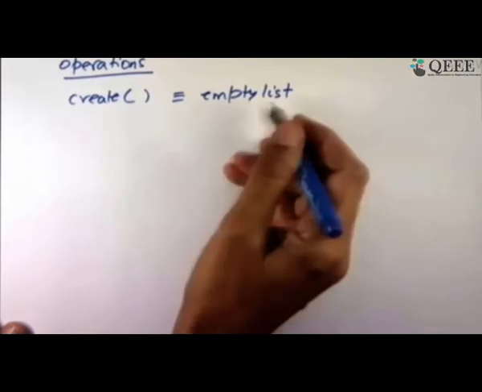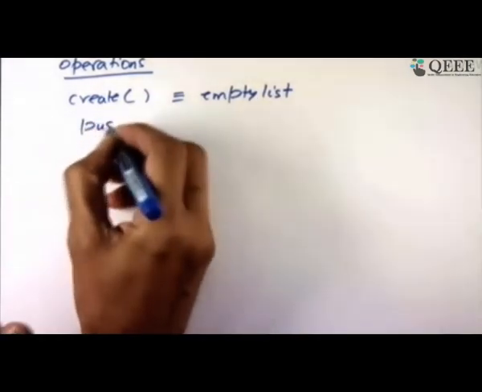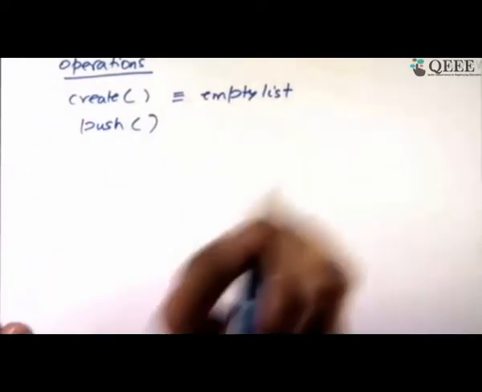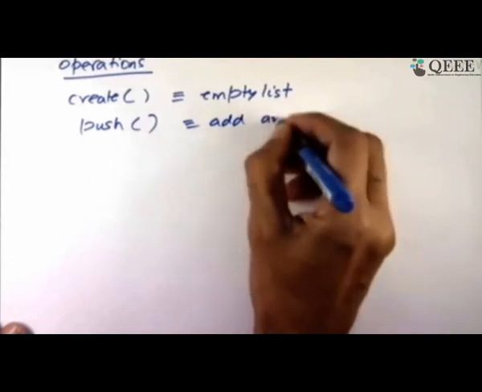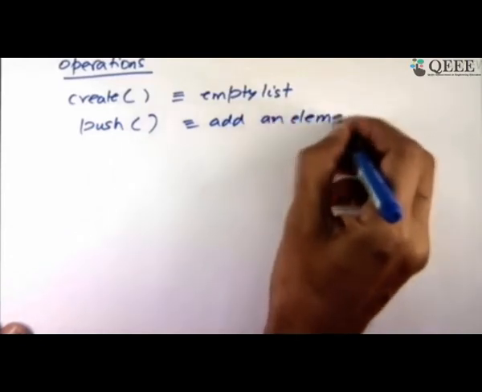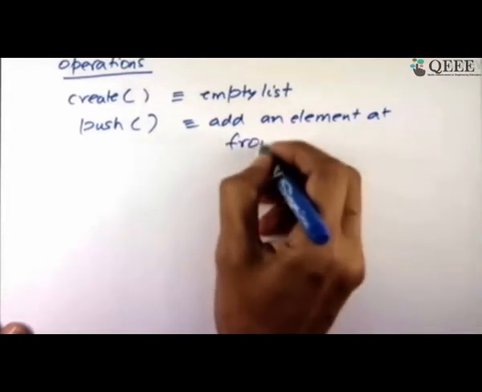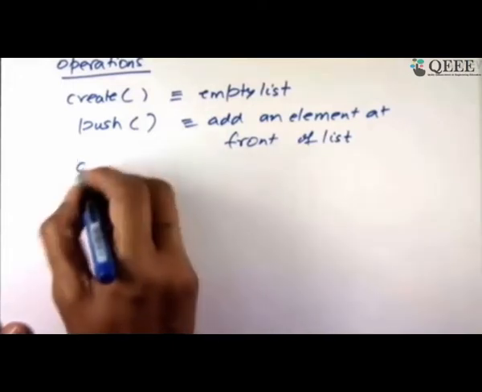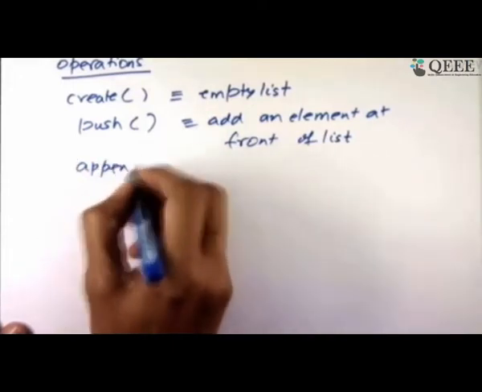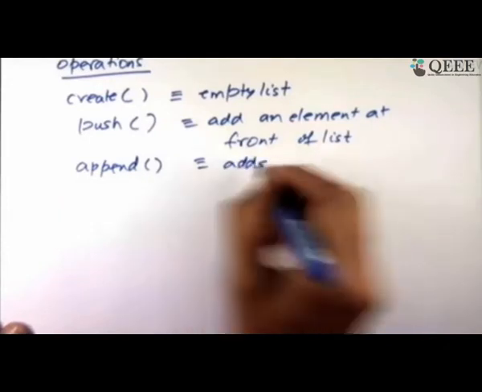Once I've created an empty list, I want it to grow. So I've given you several operations there. One is called push. The push will add an element at the top of the list, the front of the list, the head of the list, whatever you want to call it. Another operation I've given is called append. It adds an element at the end of the list.